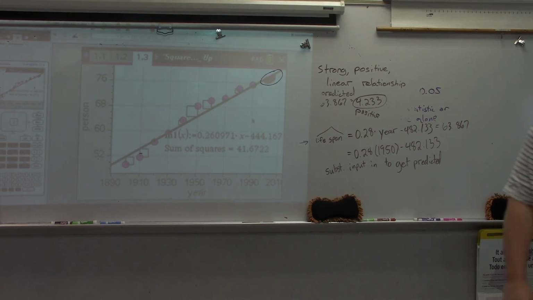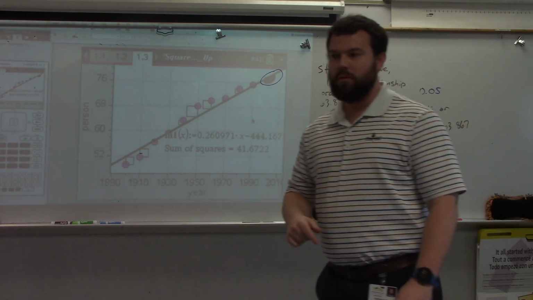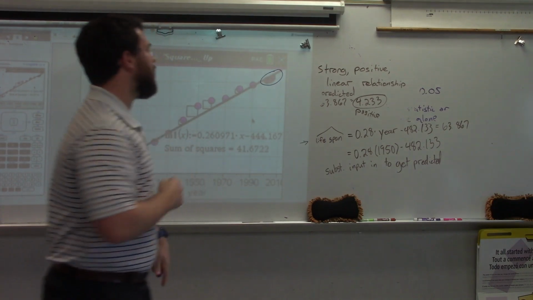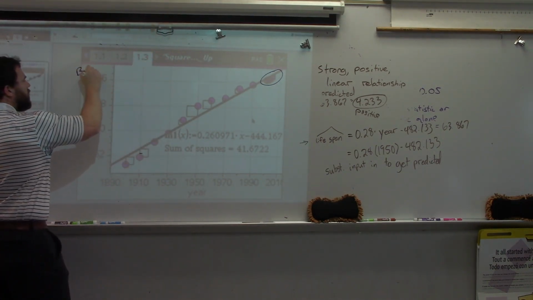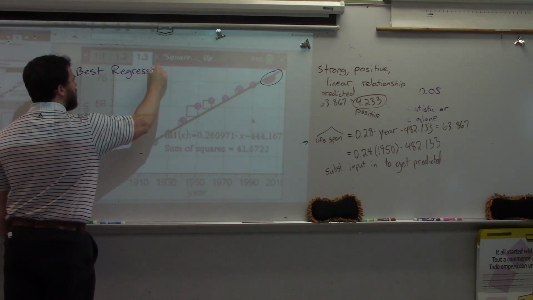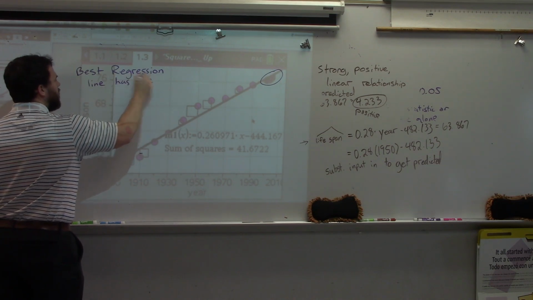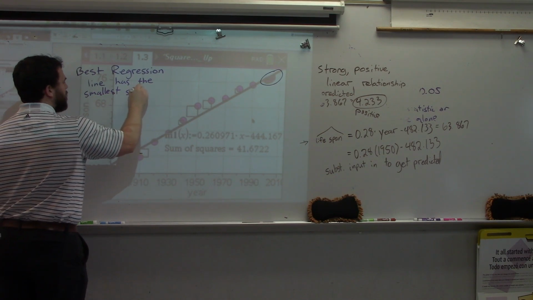The priority though I want to ask is this: how do we determine the best regression line? Can the calculator do it? How did we know when we had the best regression line? You want the least squares. So the best regression line has the smallest sum of squares.